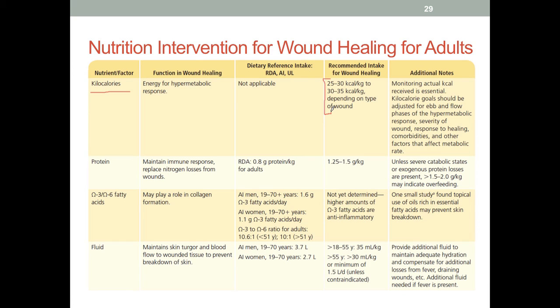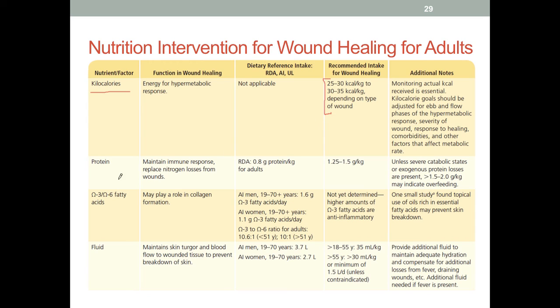So when you're completing your clinical rotation, usually the facility will have in-house standards. For example, pressure ulcer stage 1, they will specify the amount of energy per kilo needed. So please be aware of the facility standards and be sure, of course, to follow them.